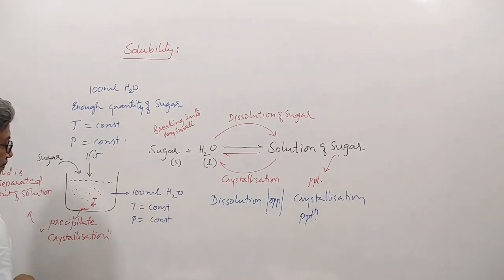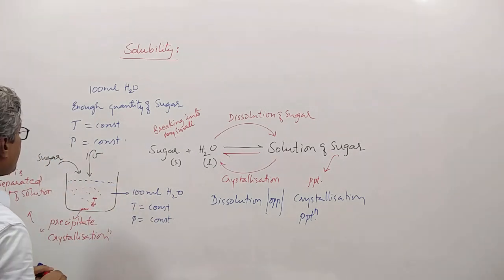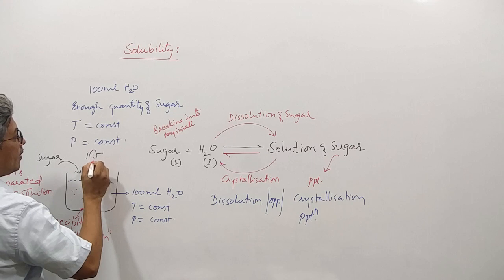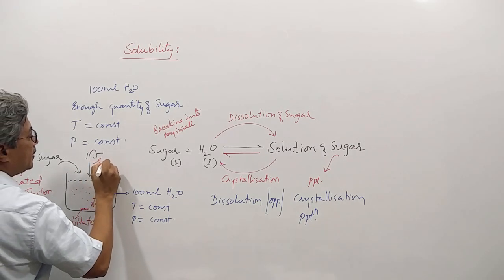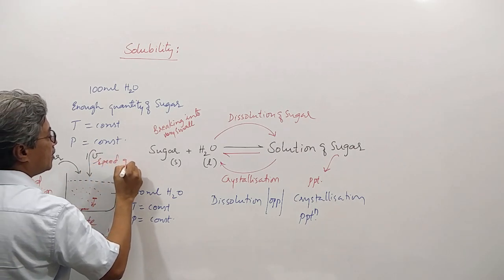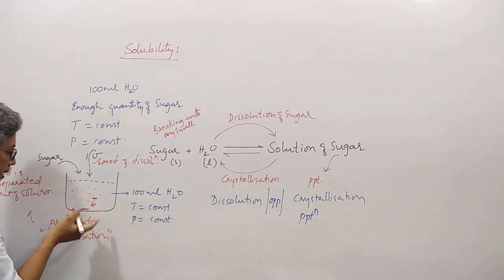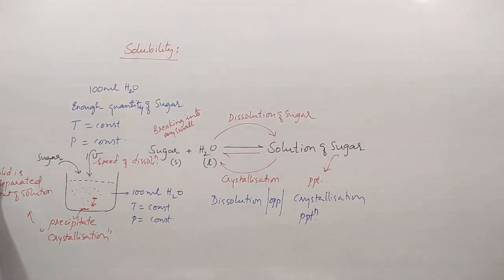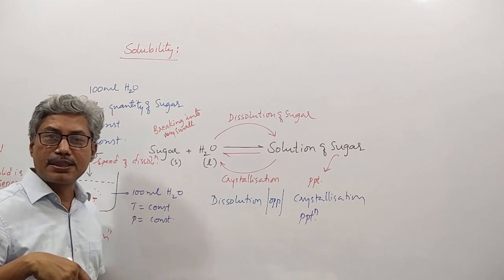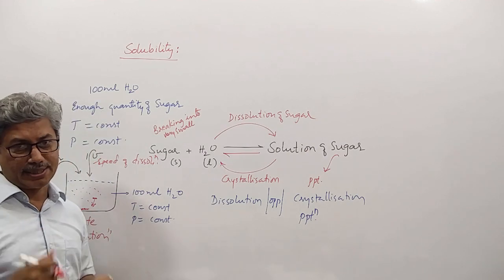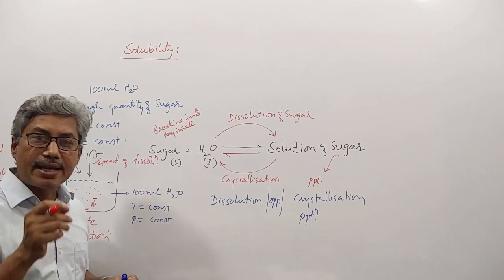Now see, students, one is the speed of dissolution. Another one is the speed of crystallization. Initially the speed of dissolution is more than the crystallization speed, and a stage will be reached.